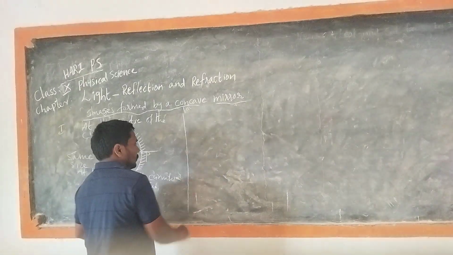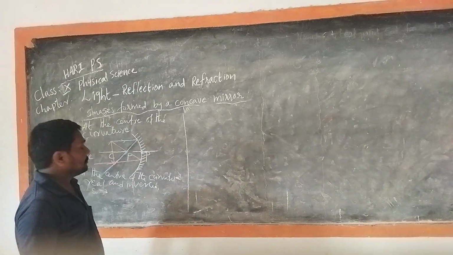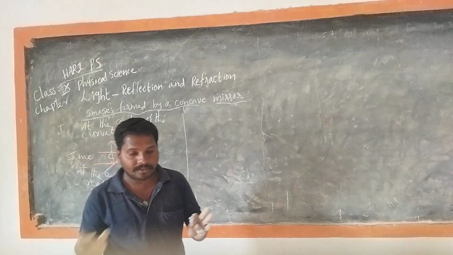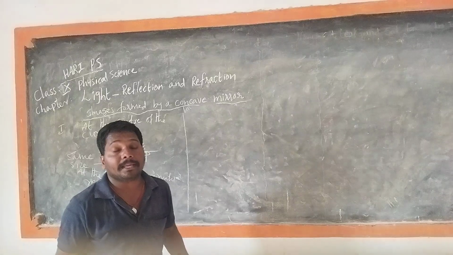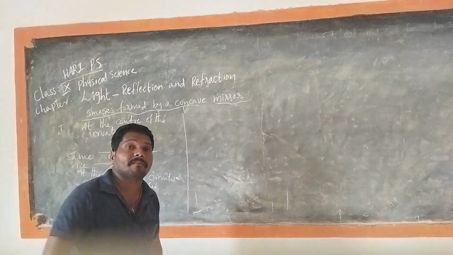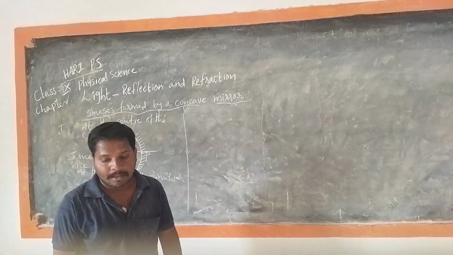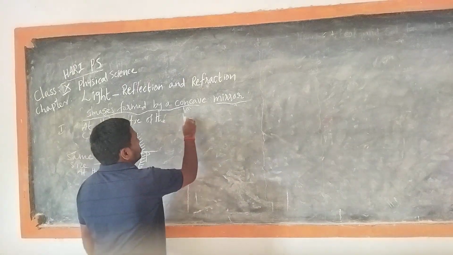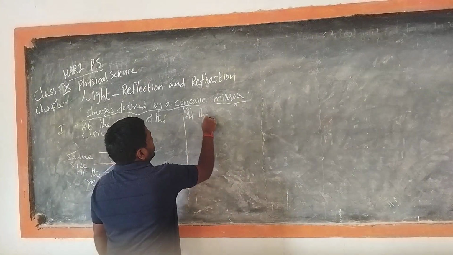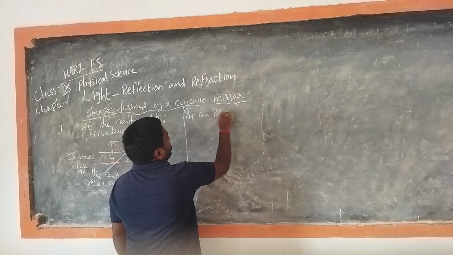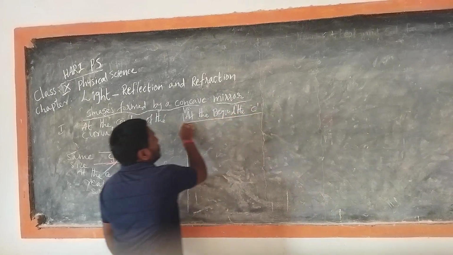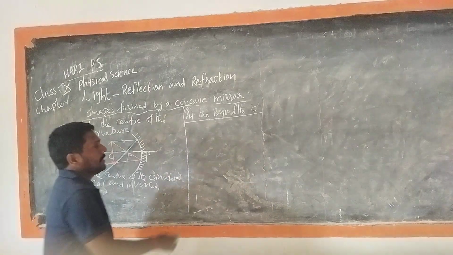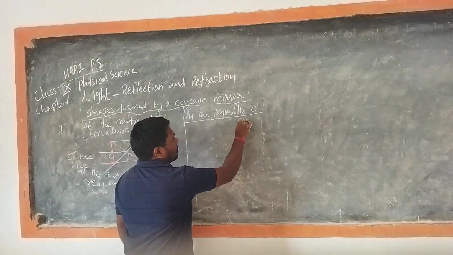Then one more. What happens if the object is placed behind the center of curvature?